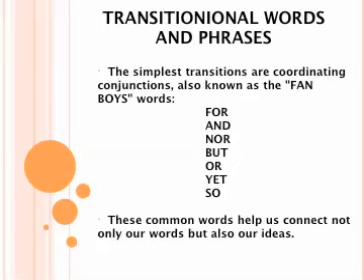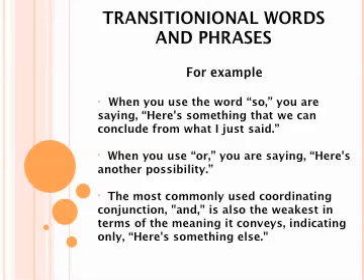The simplest transitions you already know is FANBOYS: for, and, nor, but, or, yet, so. These are the simplest transitions because they're conjunctions. They link words together. They can also link paragraphs together. For example, when you use the word so, you are saying, here's something that we can conclude from what I was just saying.